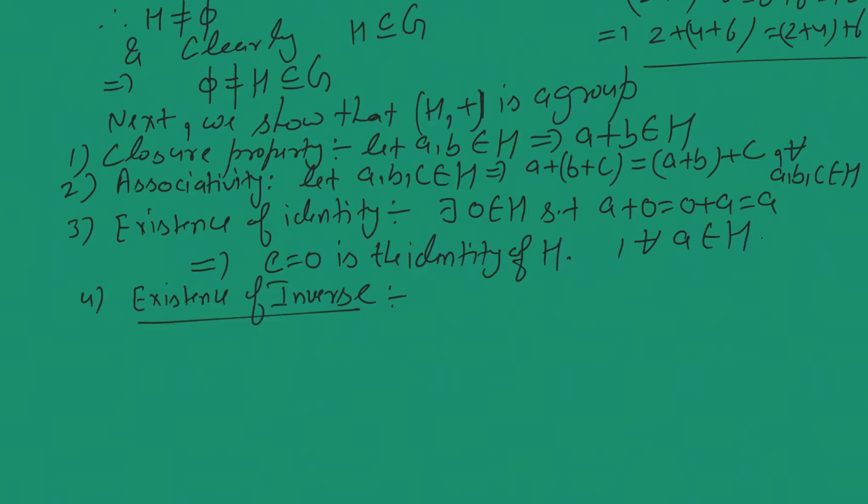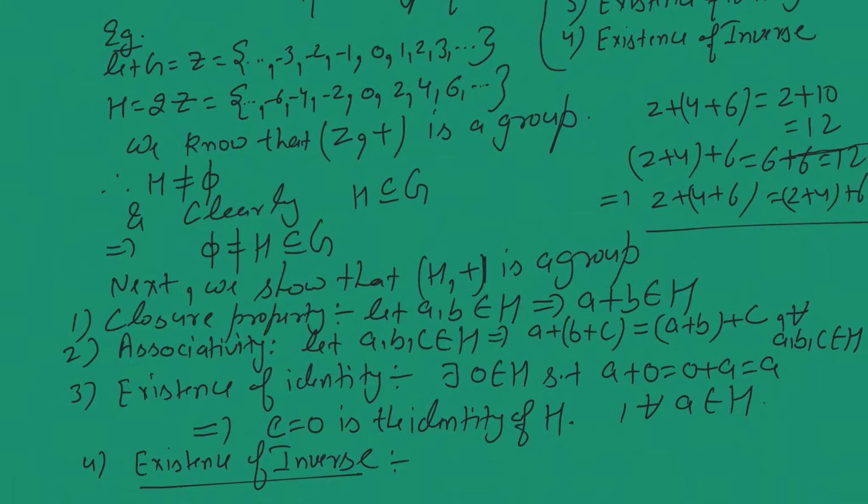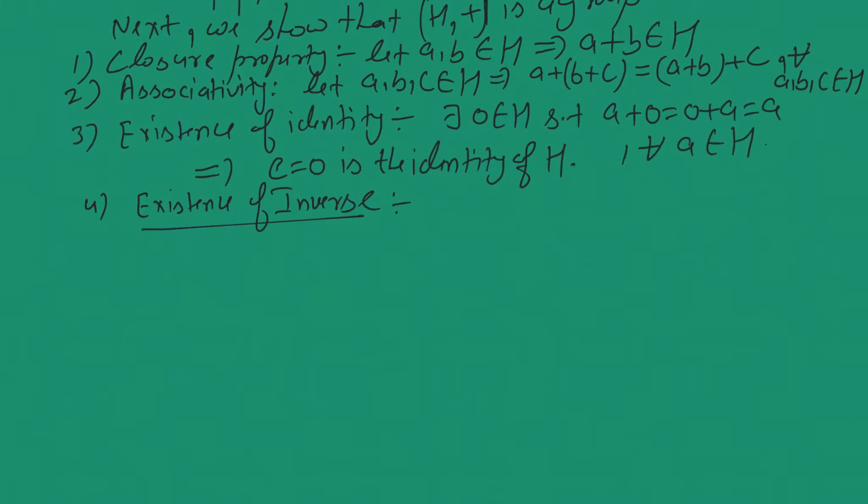We know that for G there is inverse of every element. Okay, so inverse is existing for G, as G is a group, so that will also hold for elements of H also. Let us see elements of H. If I again rewrite, they are 0, 2, 4, 6 and so on, minus 2, minus 4 and so on.